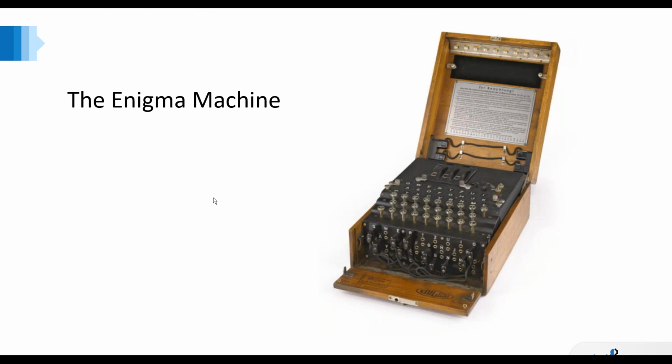So if we scroll back into history there, a couple of things to consider and talk about: the Enigma machine. This machine was basically a series of electromechanical rotor cipher machines developed and used in the early to mid 20th century to protect commercial, diplomatic, and military communications.